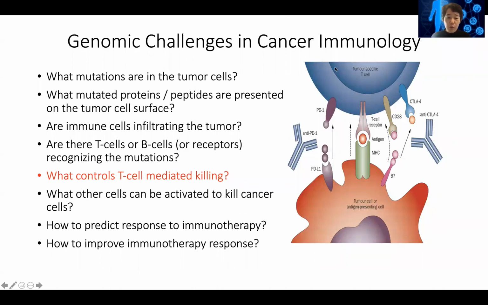The next question we want to ask is, what controls T-cell mediated killing of the cancer cells? We mentioned that the T cells in the tumor are using the T-cell receptor to recognize antigens that are presented on the cell surface. If the cancer cell presents a foreign antigen which can have very strong binding to a particular T-cell receptor, that T-cell will be activated.